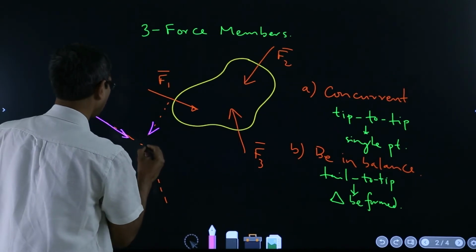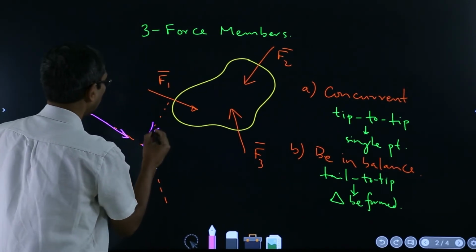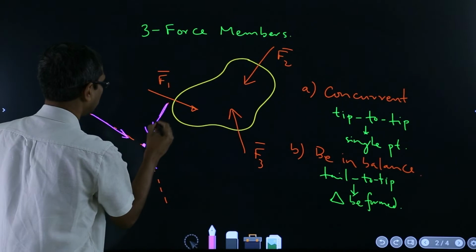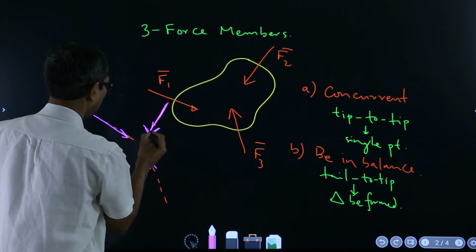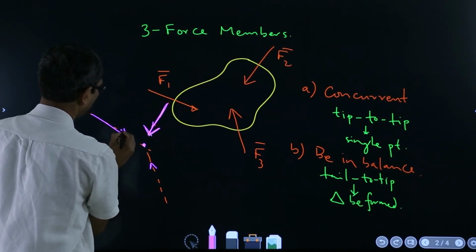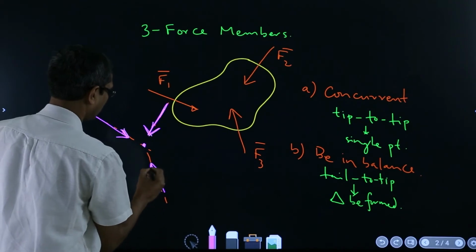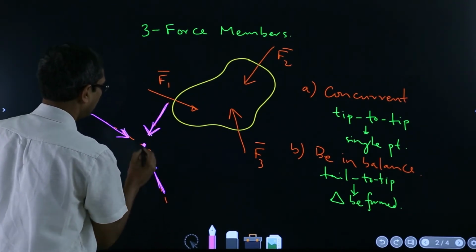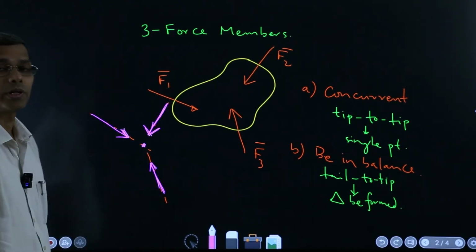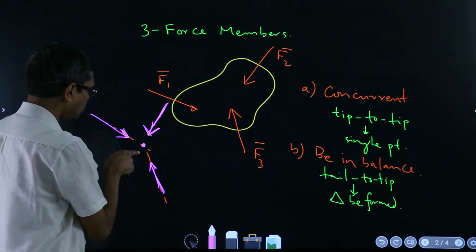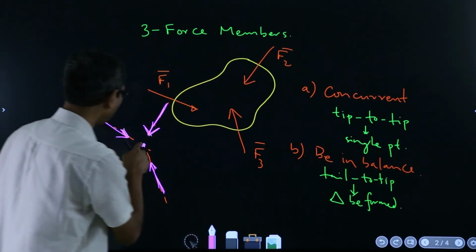so this is the point through which all the 3 forces are passing. Okay, this point. So that is the first point, that is tip to tip.